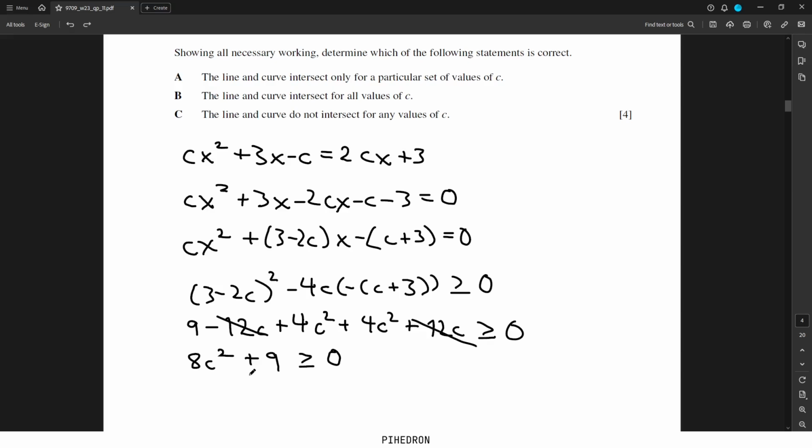And 9 is a positive integer, so it won't matter, because it will never be negative. So this is going to be always true, and therefore we can say that B is the answer.